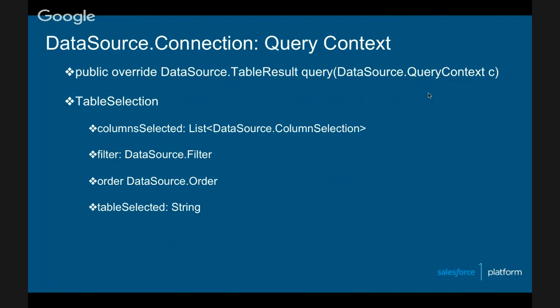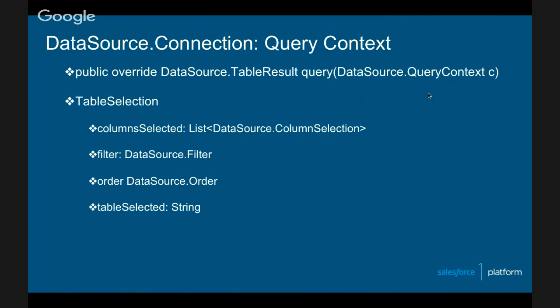It's no different for an external object for this Apex framework. So the first thing in your connection class that you would do, along with your sync method, is override this query method. And what it does is it passes in this query context.